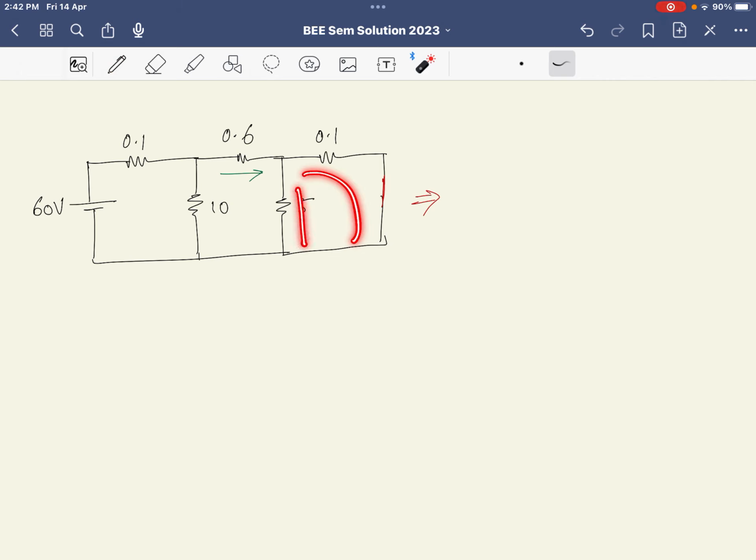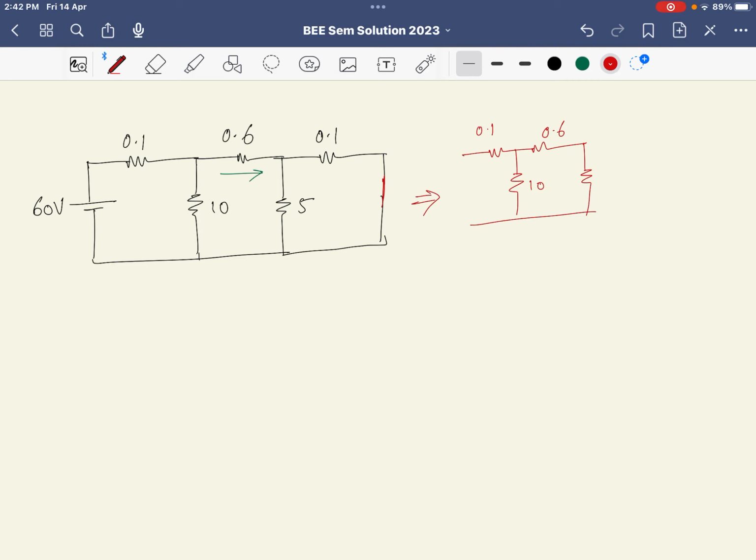Now to find the equivalent resistance out of this, we can see that these two are in parallel, right? And that will give us equivalent resistance like this: 0.1, 0.6, this one is 10, and here we have a resistance that is a parallel of 5 and 0.1, that is 5 into 0.1 divided by 5 plus 0.1.